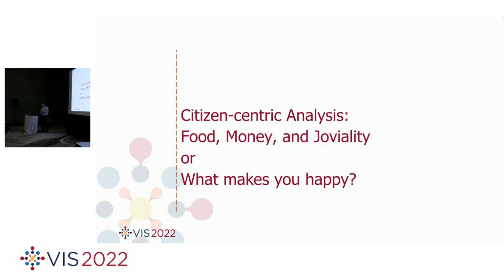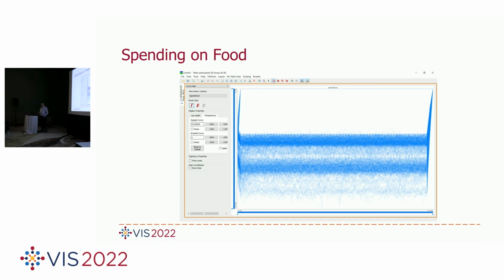Now I will show you 3 brief examples of what we found out, which we find interesting. The first one is called food, money, and joviality, or what makes you happy. So, spending on food. This is for approximately 1,000 participants, their food spending over these months. Some people do not spend much on food.